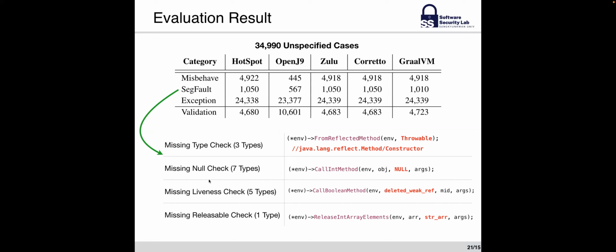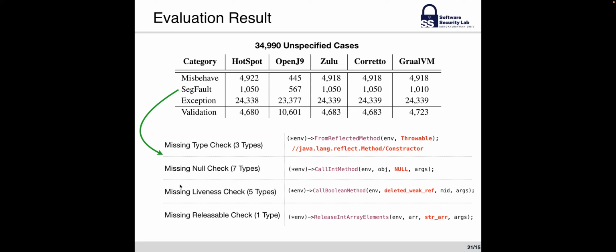The missing null check is the case where the JVM failed to validate the use of null values. So according to the JNI specifications, we should not pass the null value for the third argument of this CallIntMethod.